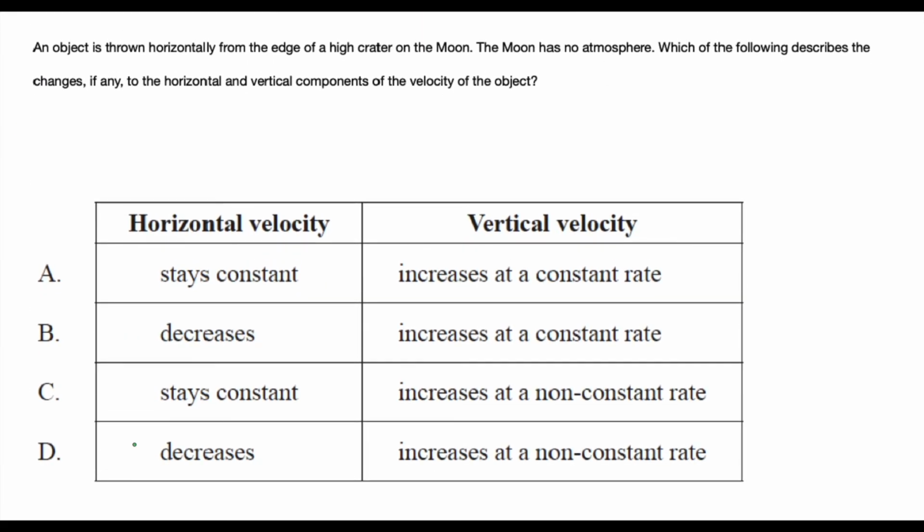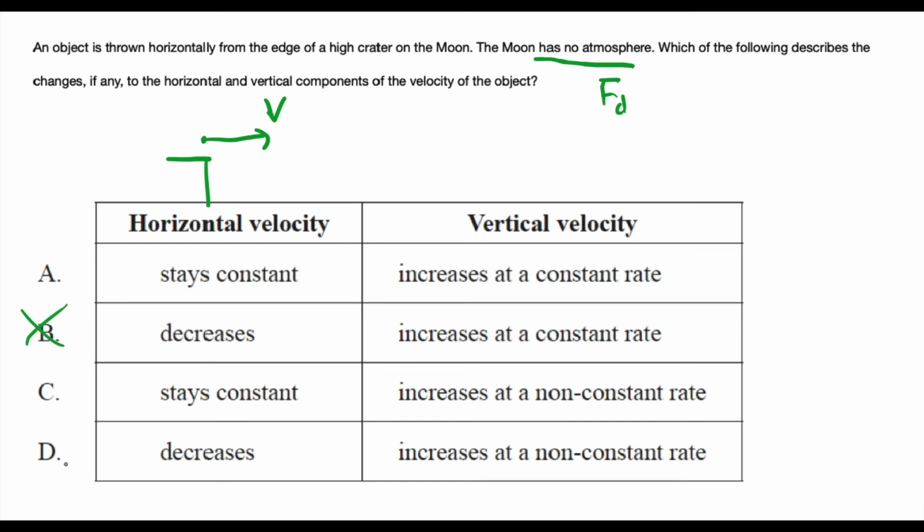An object is thrown horizontally from the edge of a high crater on the moon. The moon has no atmosphere, meaning that no drag force exists. Which of the following describes the changes, if any, to the horizontal and vertical components of the velocity of the object? So the object is thrown horizontally from a cliff, so its horizontal velocity is going to remain constant since there is no acceleration.